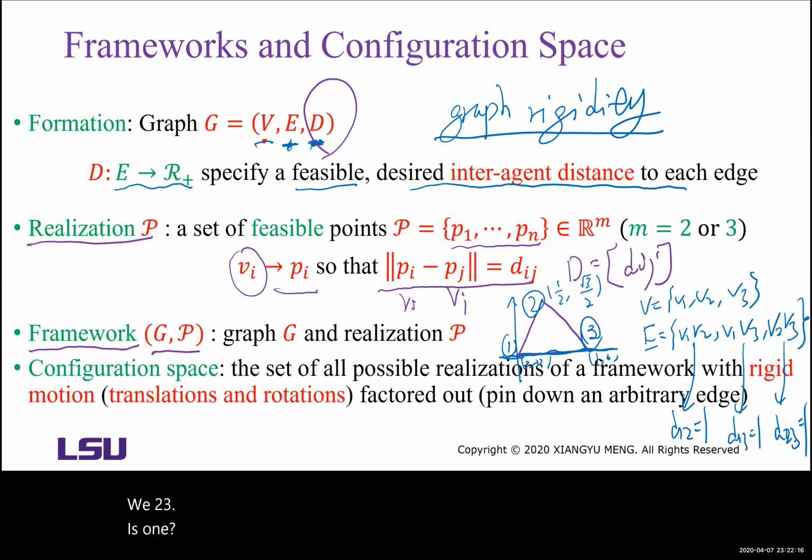And then for P, we have 0, 0, half and square root of 3 over 2, and 1, 0 in planar space. That will be one realization.